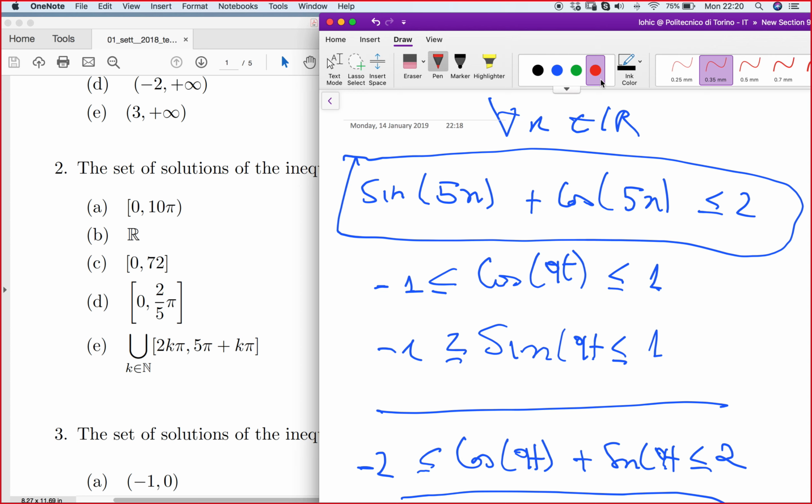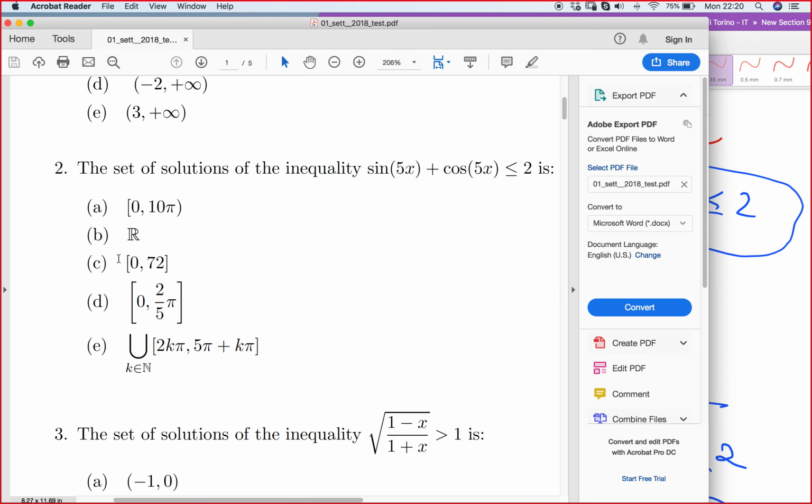So this is what we call an evidence, something which is evident. It holds for every x. So we say that it holds for every x in R, and the solution is R.